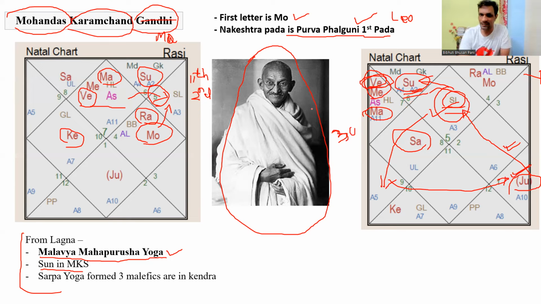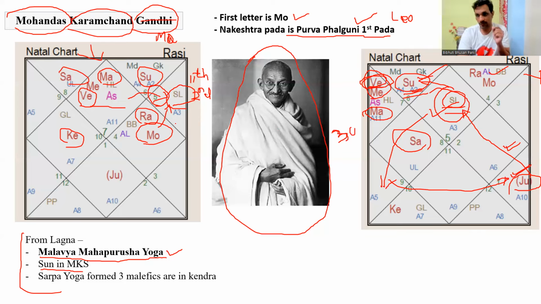And you can see that the Lagna is between Saturn and Sun. Again, the Nama Rashi is between Sun and Rahu. In general, the Nama Rashi is not actually well placed in Mahatma Gandhi's chart. So that is the reason why he had a lot of suffering in his life.